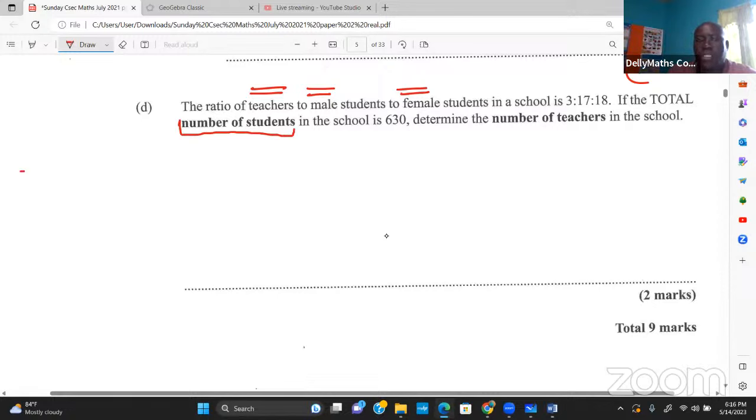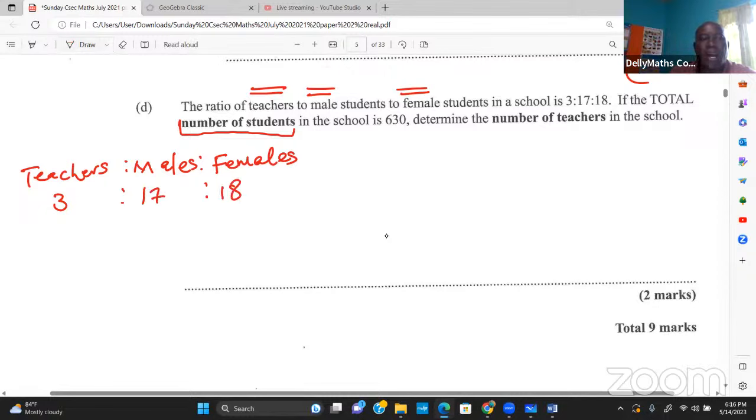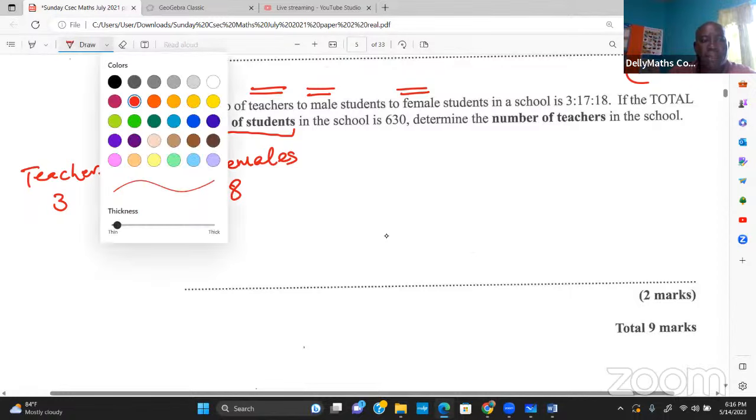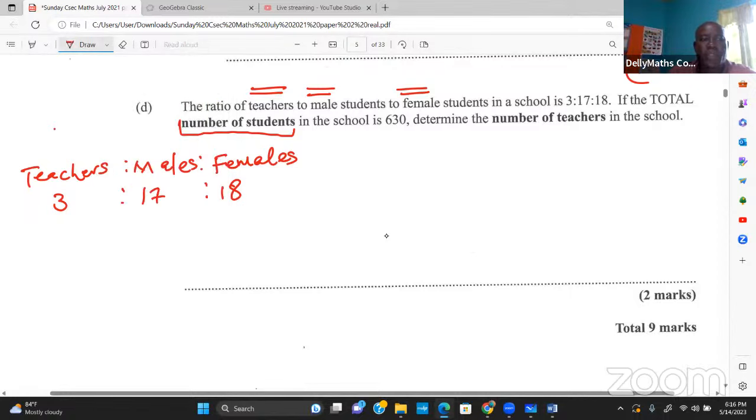So we're talking about teachers, males and females. And it was given as 3 to 17 to 18. That's how we actually got it. So now, these are students here.